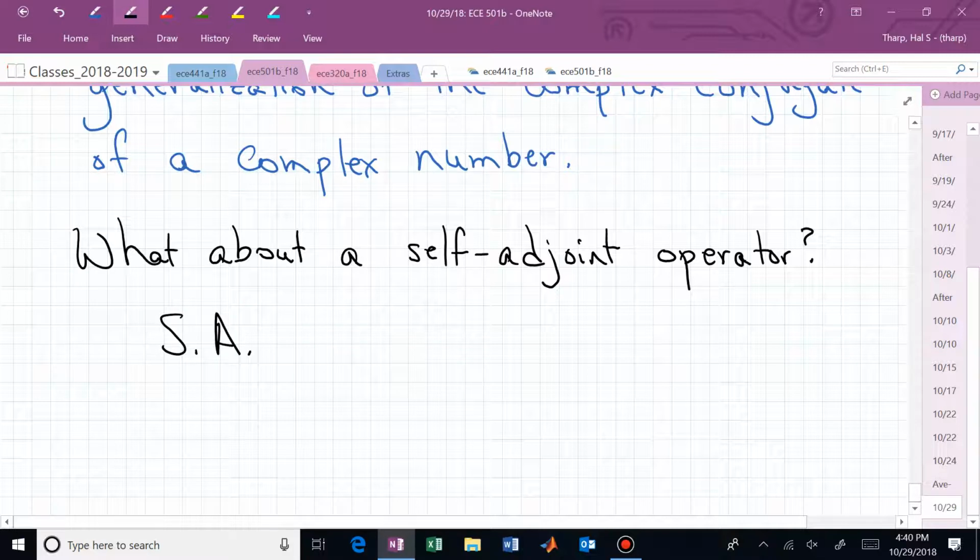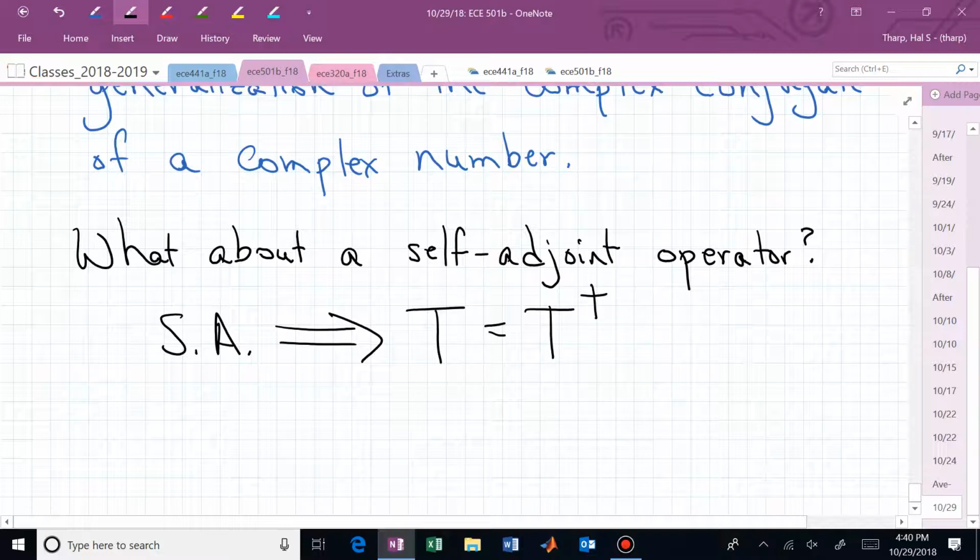If I want my operator to be self-adjoint, I'm saying that I need T to be the same, the linear map to be the same as its adjoint. What does that mean about the complex expressions that we used in this previous example?